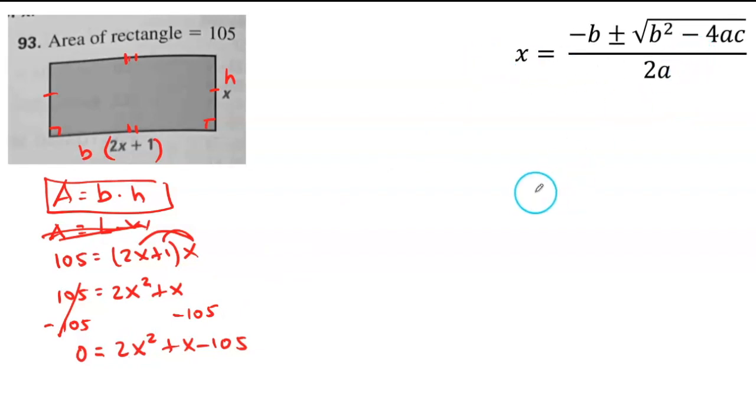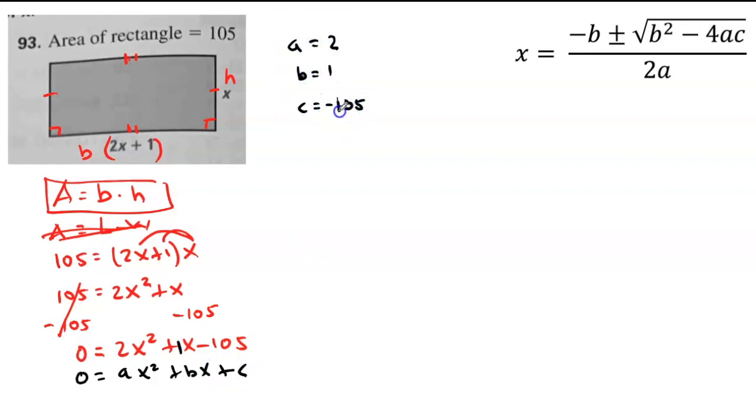And here's my quadratic formula. Let's apply this. We have to remember the standard form of a quadratic, ax squared plus bx plus c. A is the 2, b is the 1 because there's no number in front of it, c is negative 105.